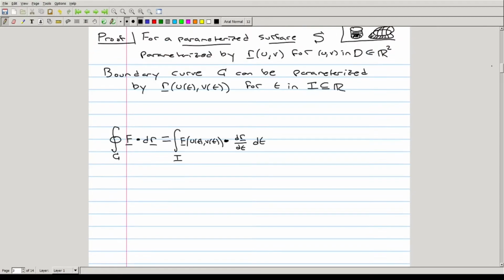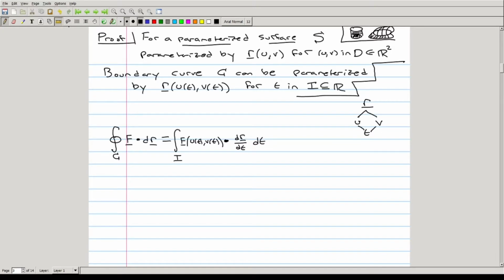Now, what's special here is that the position vector r, because of how we parameterized our curve relative to the surface parameterization, depends on u and v, which also depend on t.